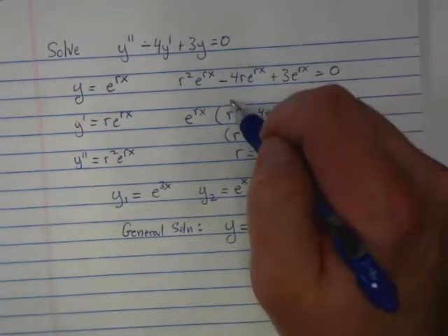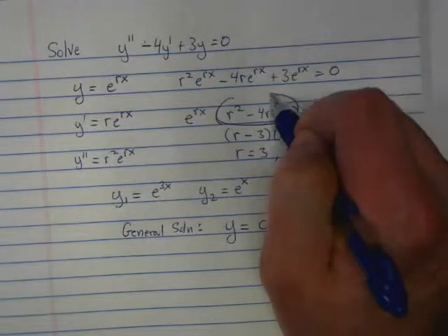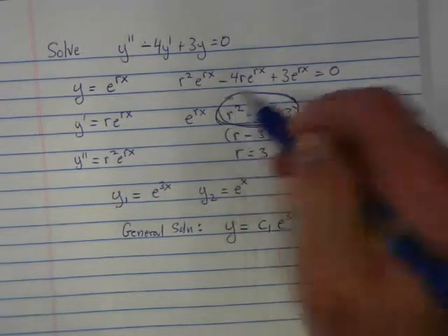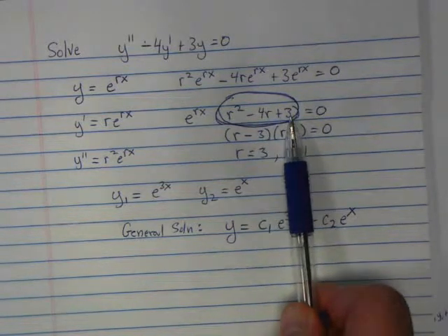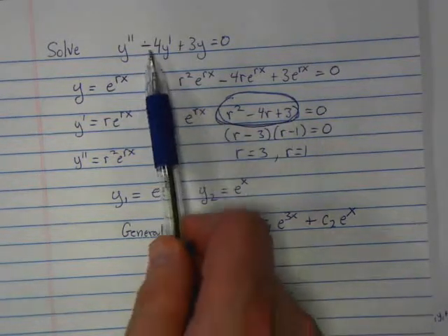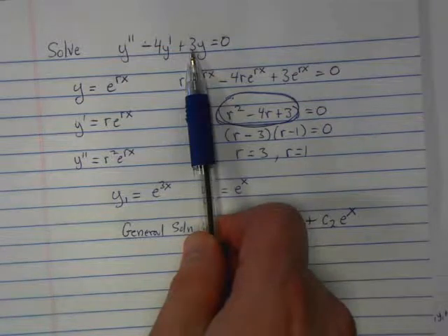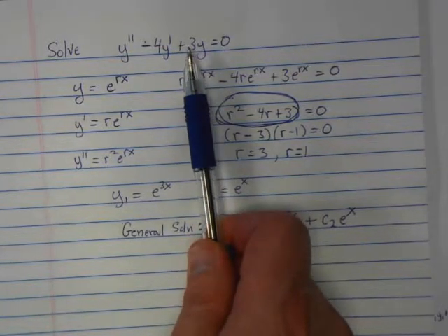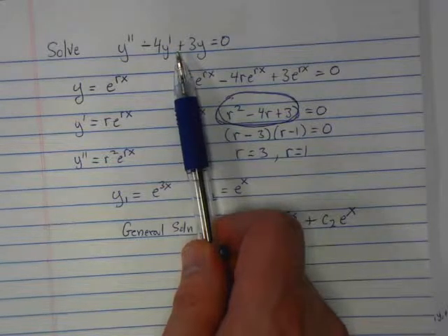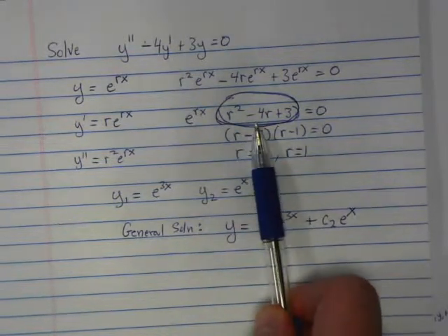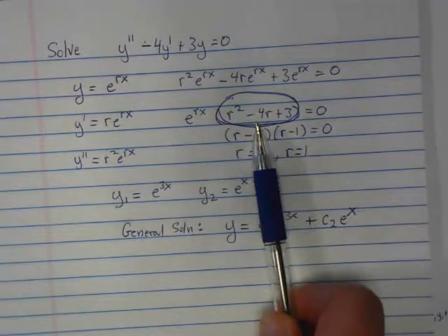Look at this equation we ended up with right here. Look at this piece. It's like basic. It's quadratic. Not only is it quadratic, where did the negative 4 and the 3 come from? It came from that negative 4 and that 3 right there, didn't it? So how do you solve second order differential equations? All you have to do is be able to solve that quadratic equation.